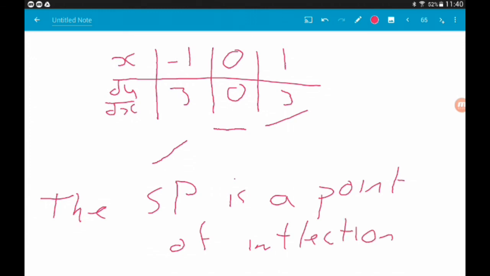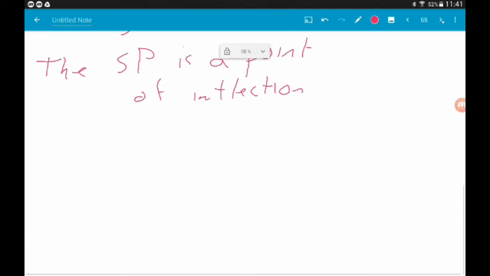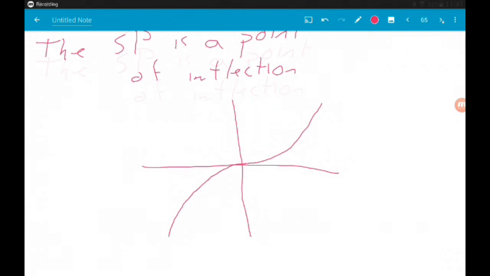So you could use gradient tables for maximums and minimums too, but it's a lot quicker just to differentiate twice. So we could even sketch our graph, which is y equals x cubed, so something like that.